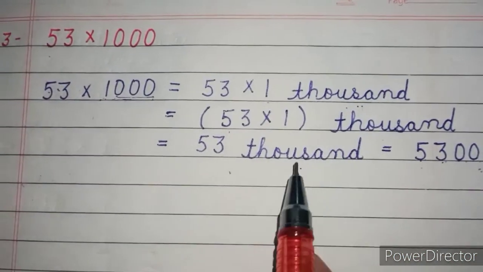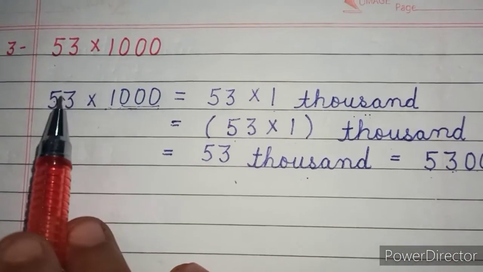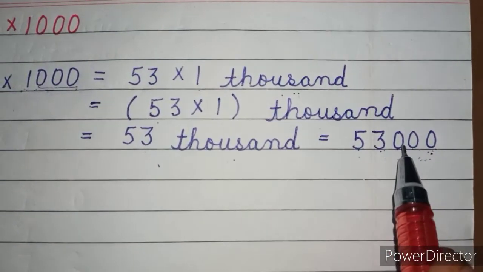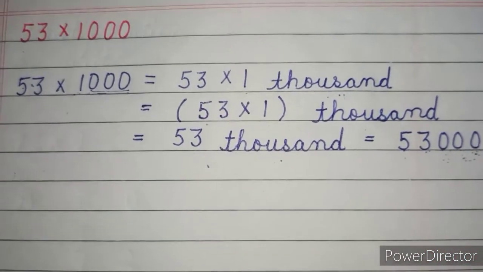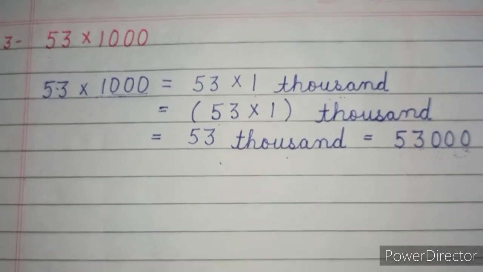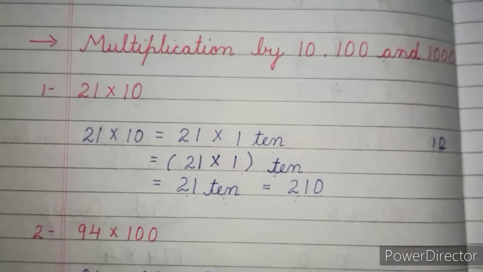And when we multiply a number by 1000, we have to put three zeros to the right of the number. Clear, student? I hope you all have understood these questions. Clear?